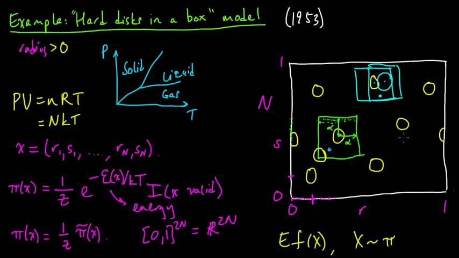You just jiggle these particles a little bit, and you can get to other high probability configurations. That allows you to explore the space of high probability configurations, and that's what makes MCMC work in this example.